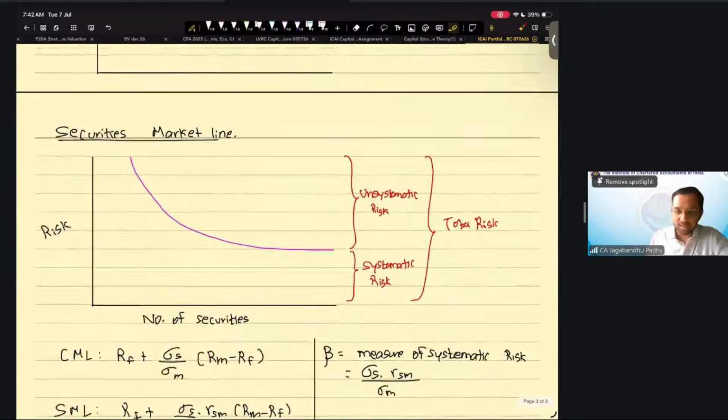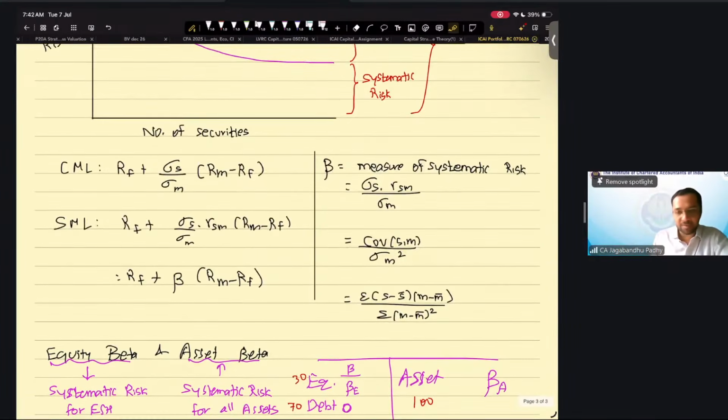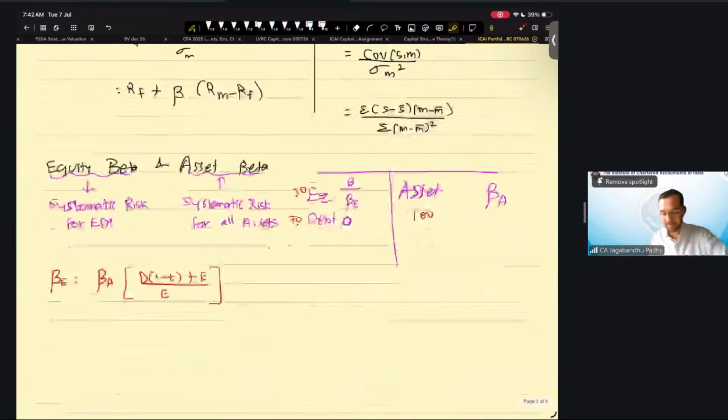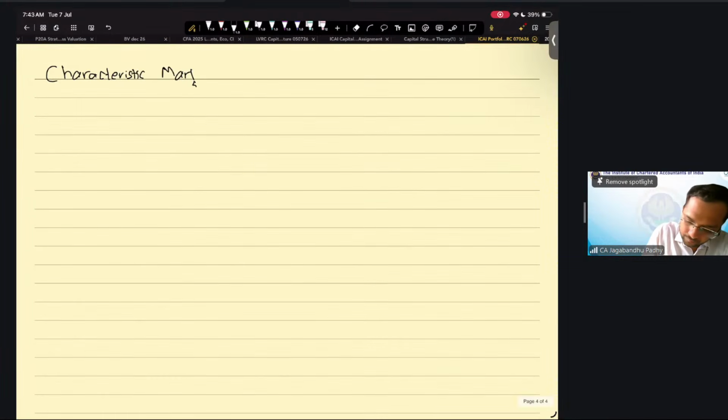So that's about the securities market line, which is RF plus beta into RM minus RF. Then we have another model, which is the characteristic market line.